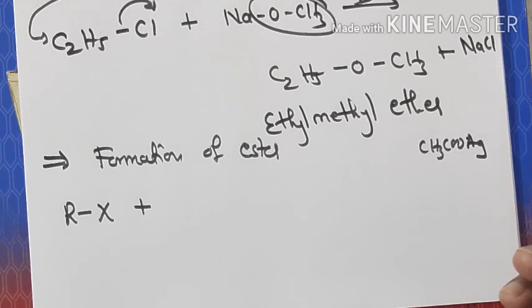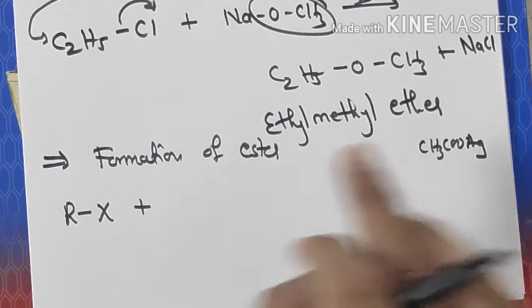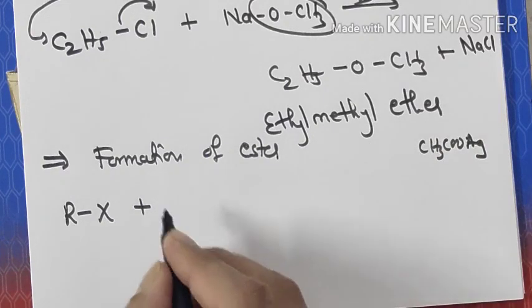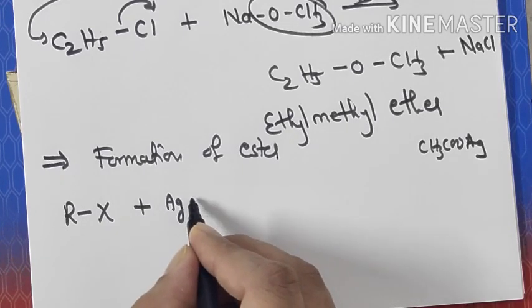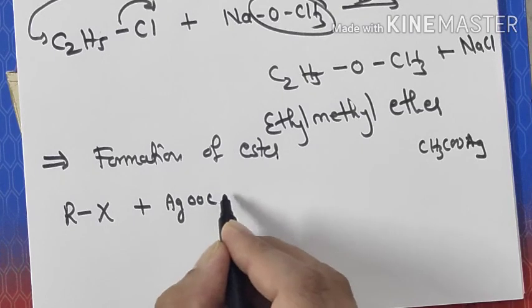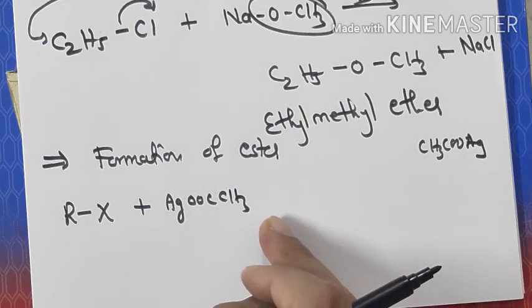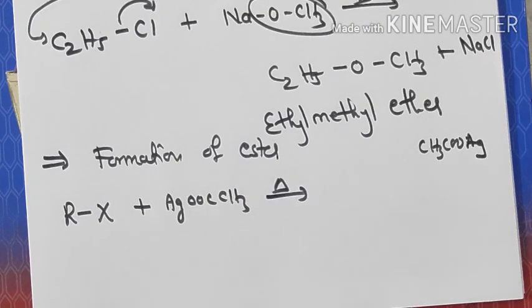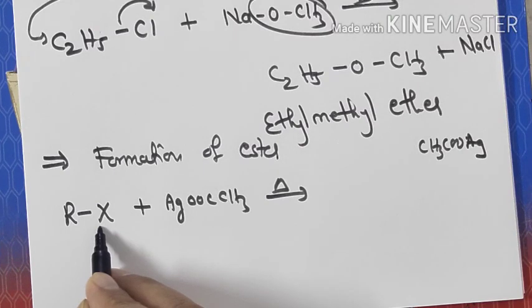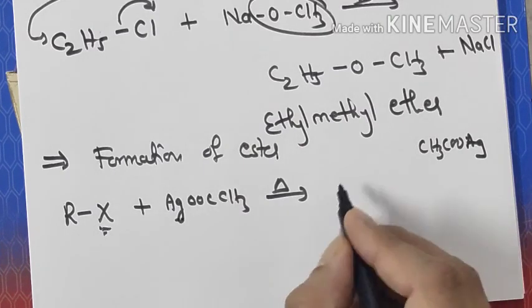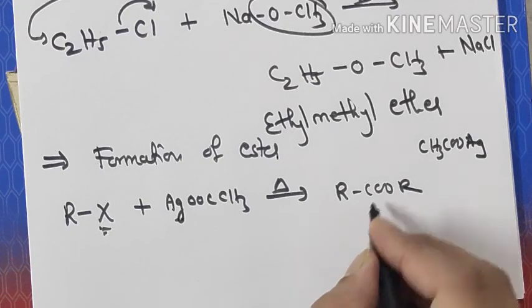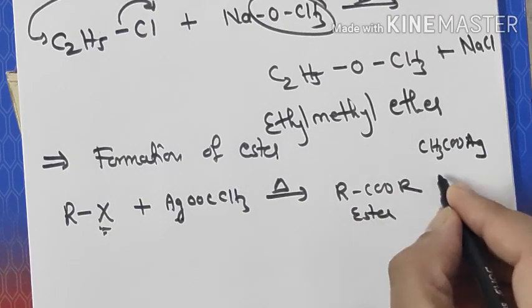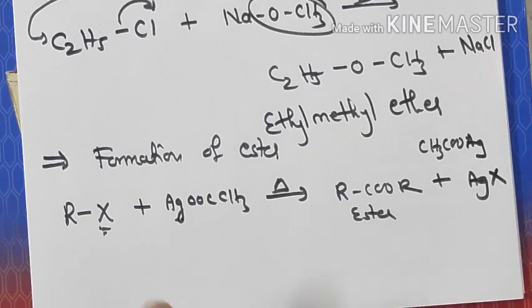When I treat with AgOOCCH3 and hit this, the Ag is going to combine with X, resulting in the formation of RCOOR, which is nothing but ester, and we get AgX.